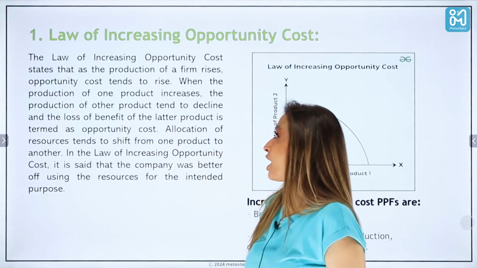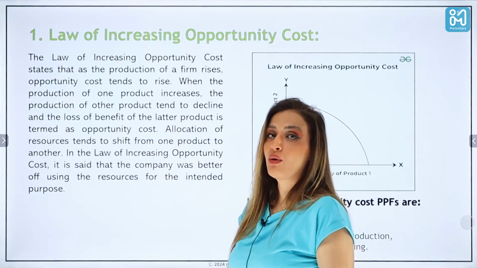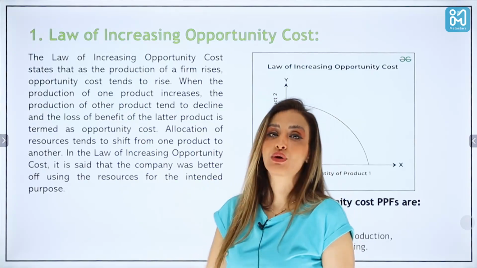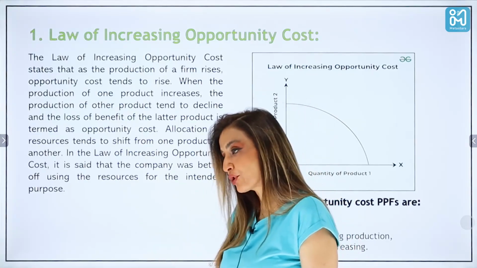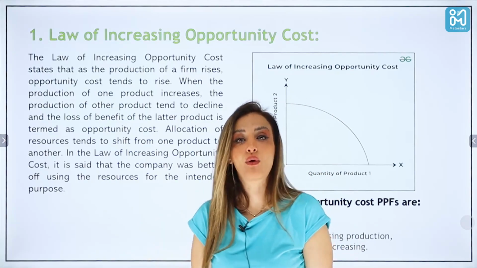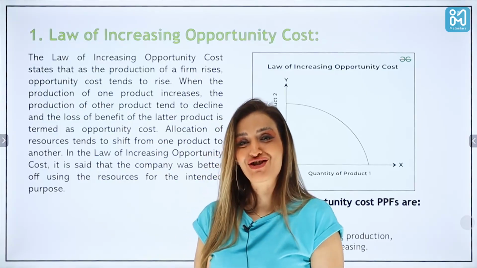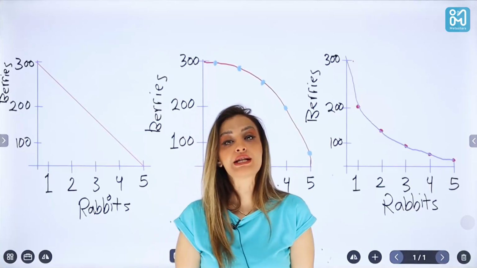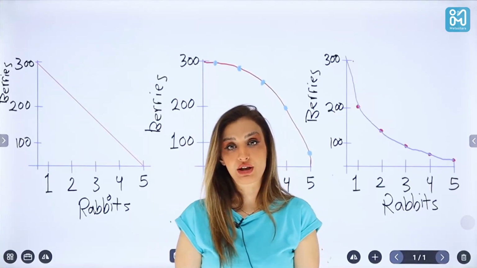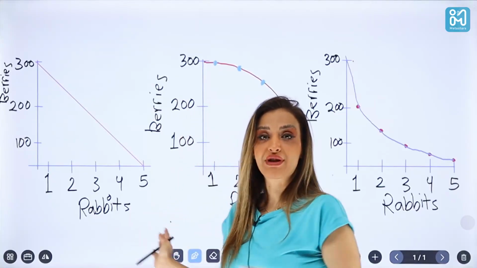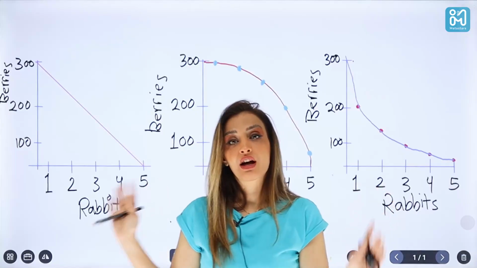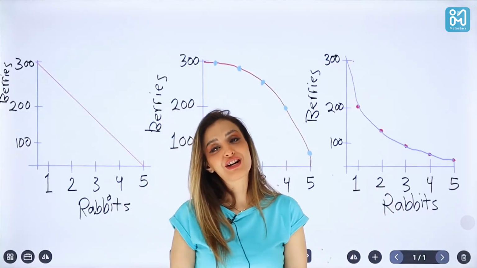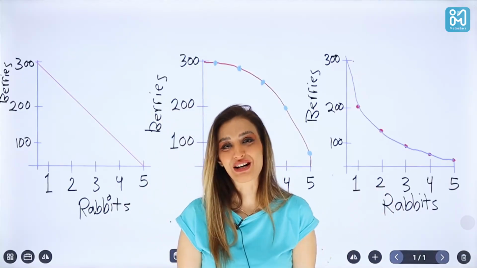Okay. Now, law of increasing opportunity cost, law of decreasing opportunity cost, and law of constant opportunity cost. To make things easier, I'm going to explain this example, berries and rabbits, to make things easier, cuter, and to understand more.